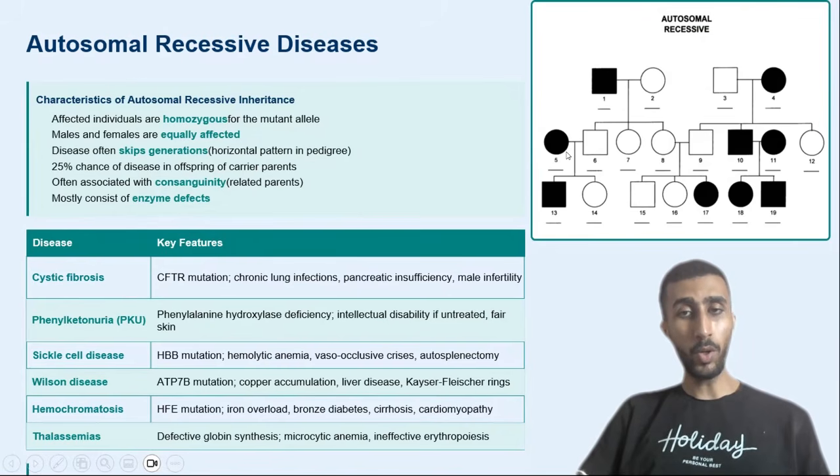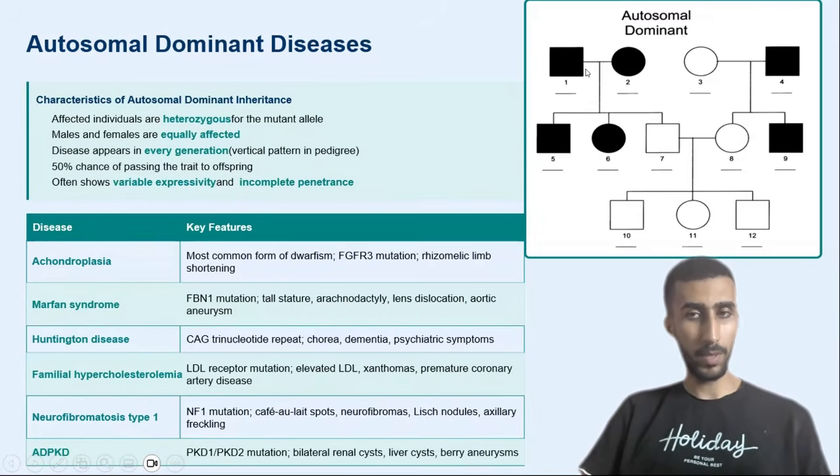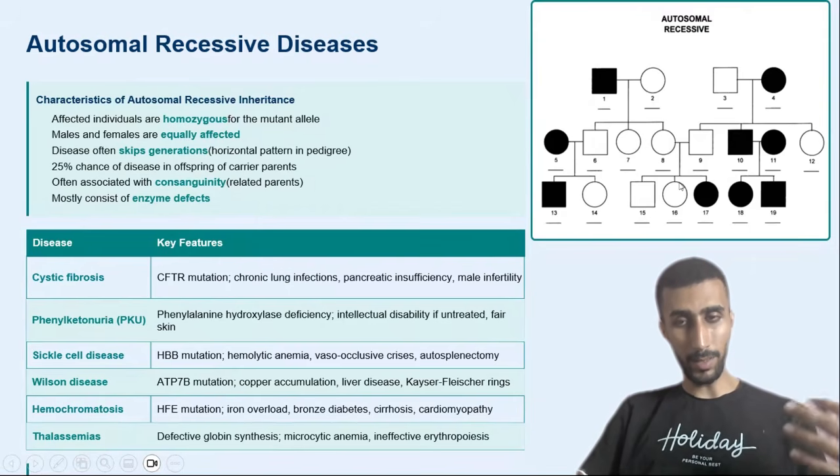What does this mean? Remember, in autosomal dominant disease, an affected individual must have a parent that has the disease. But here that is not the case. For example, there may be an affected individual here, and both parents don't have the disease, and you may ask, where did I get the disease from?